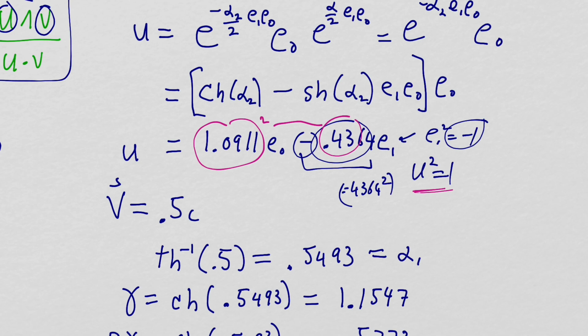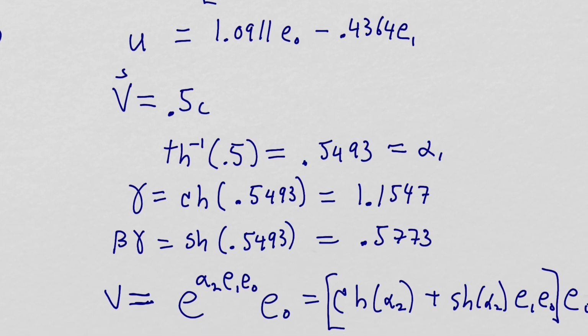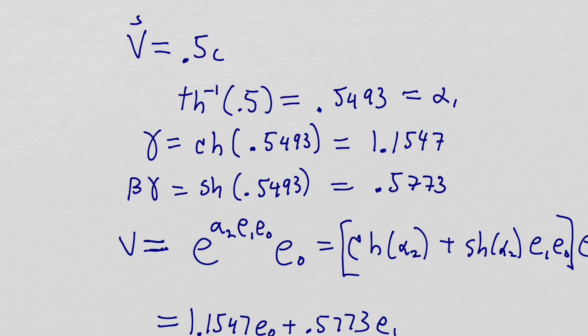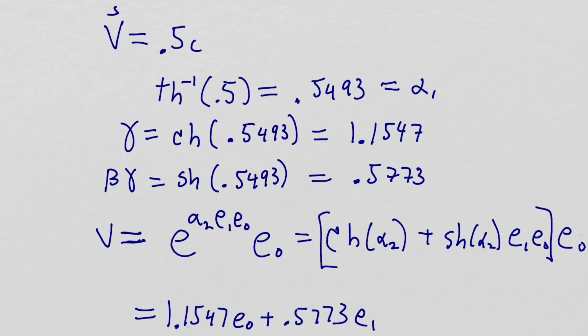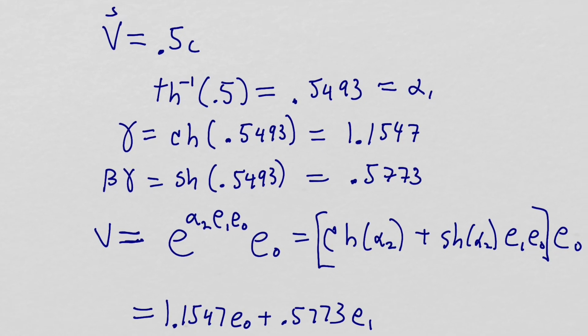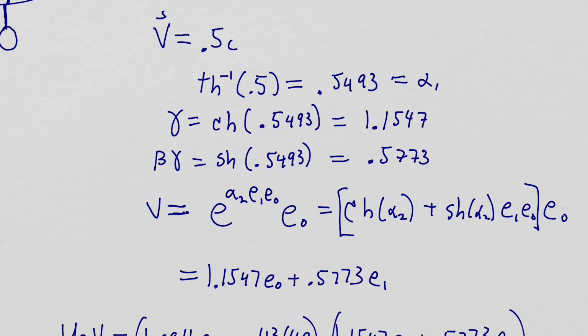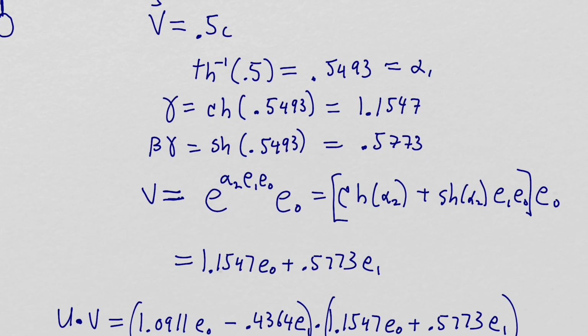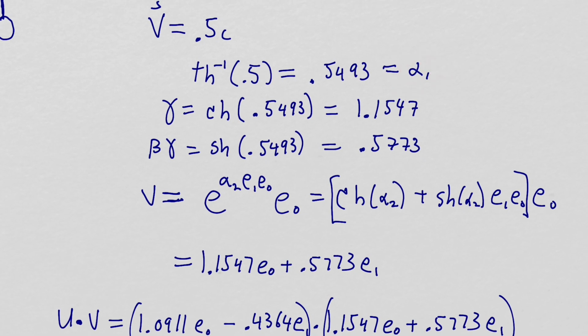I checked. Okay, so now we have to find the blade, the one blade. Well, it's not really a blade, right? It's, what are we calling it? It's really just a vector, right? It's a vector in the spacetime algebra that represents this relative vector, which is the velocity of the spaceship relative to the space station. So we calculate its rapidity.